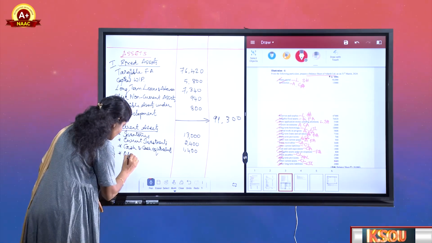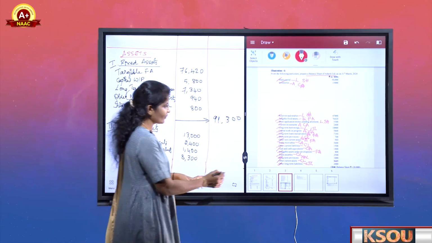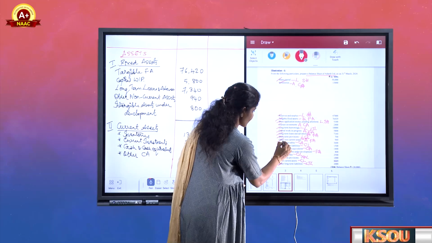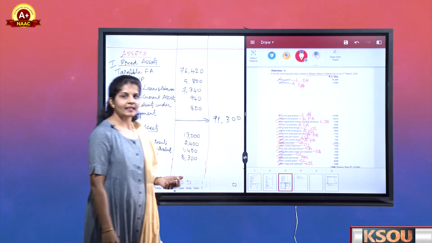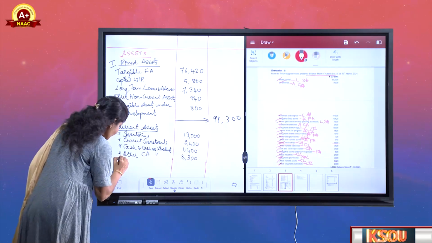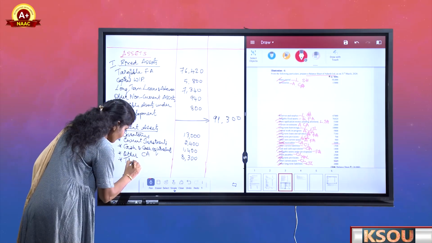Okay, finally we are left with one item called trade receivable. So, the trade receivable of 3,600 should be taken as a current asset item.